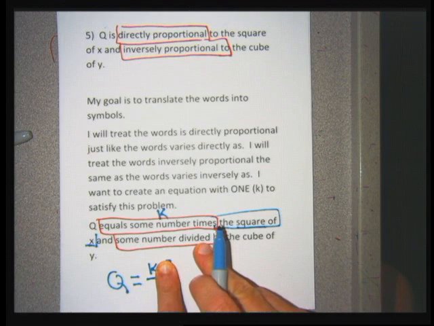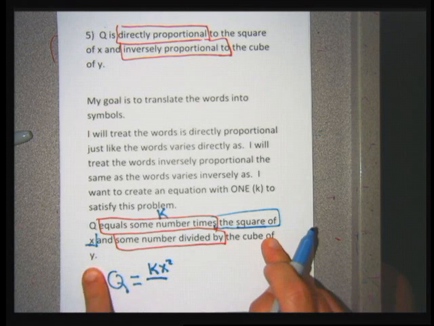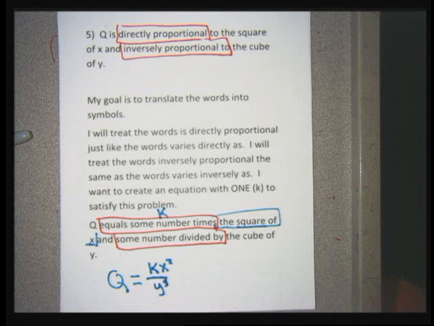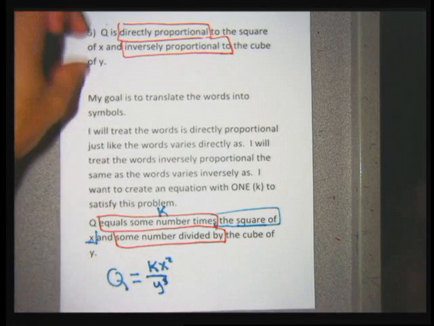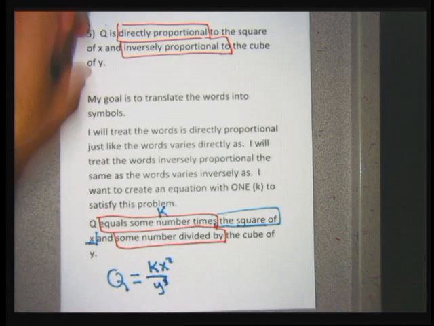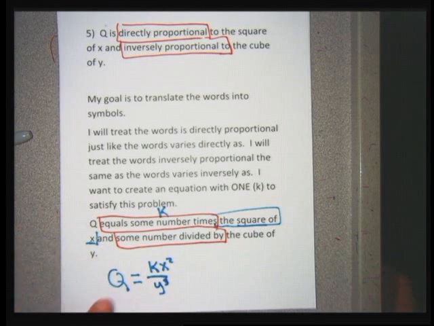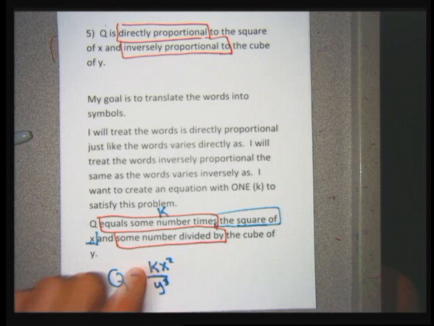The thing that needs to go in the denominator is the cube of y, because those are the words after divided by. And this is the correct translation with 1 k of the statement in problem 5 into an equation. So q equals kx squared in the numerator. That's the directly proportional.